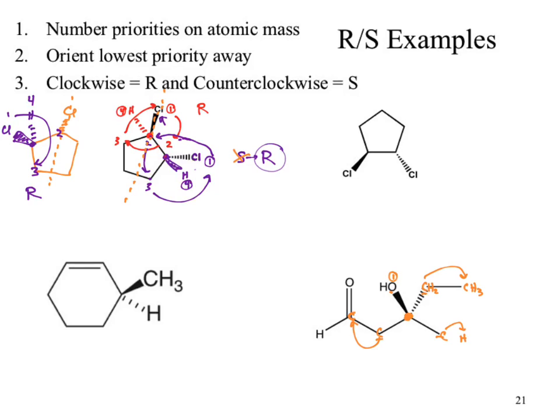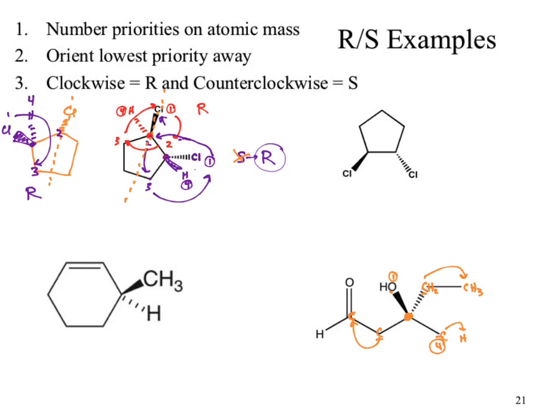So in our comparison, the lower right-hand corner carbon is the lowest priority. It gets the 4. The lowest priority carbon is the lower right-hand corner, because it went out to a hydrogen.